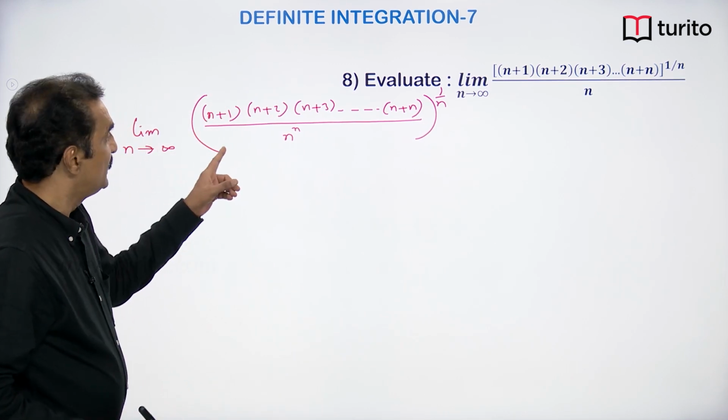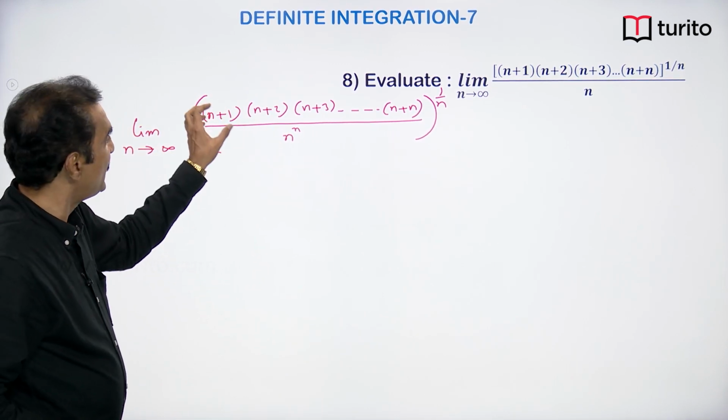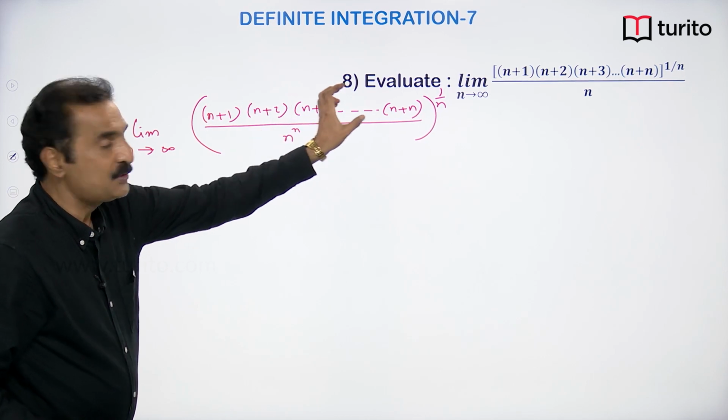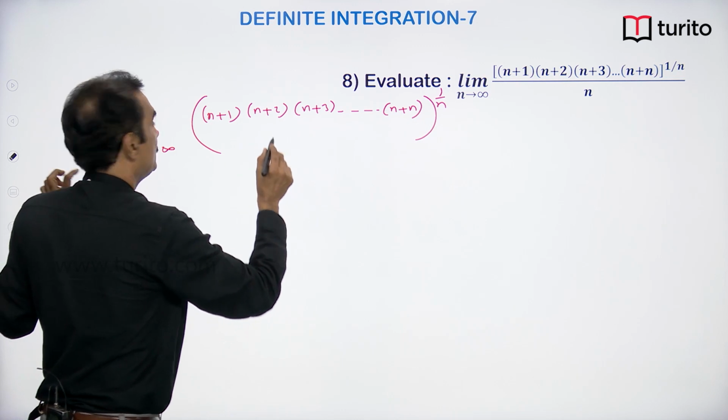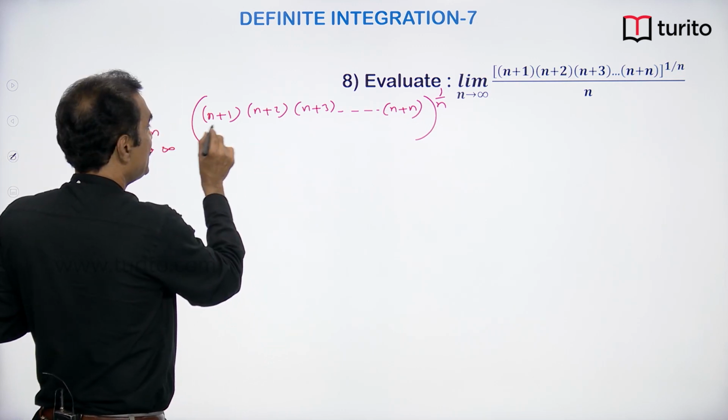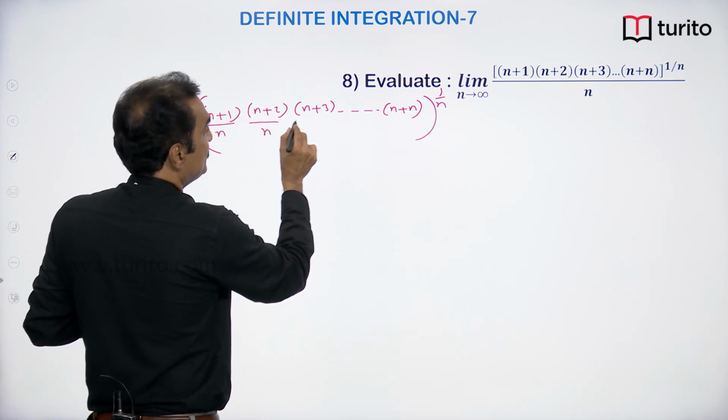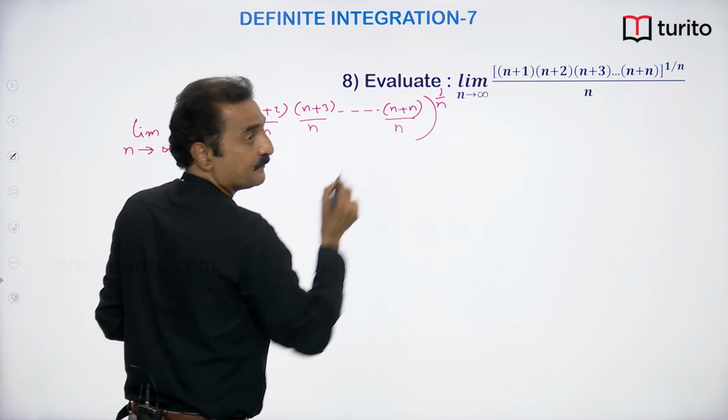Okay. Now you write this n power n as n into n into n and so on, n times, and divide each bracket by n.